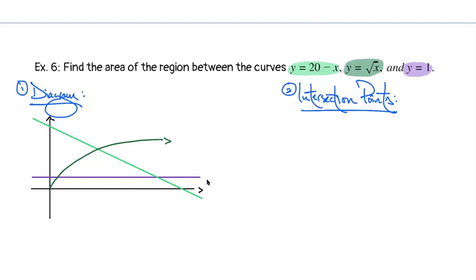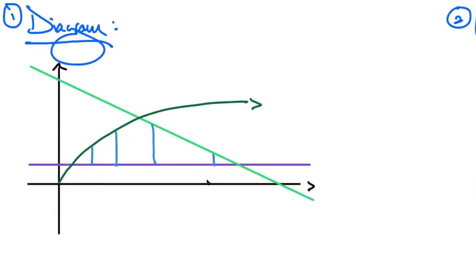So which direction should we draw our rectangles? Would they go stacking along the x-axis or stacking along the y-axis? X. And so that might look something like this, right? Here's one, here's another one, here's another one, here's a little itty bitty one.